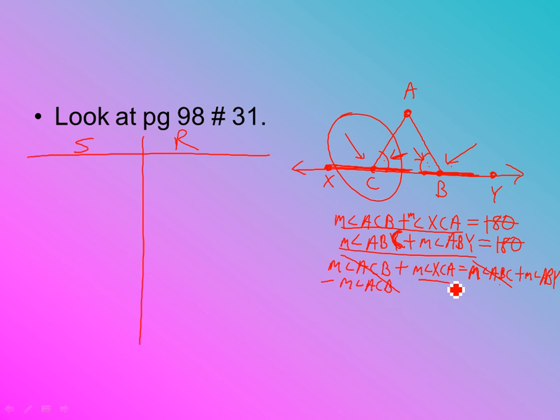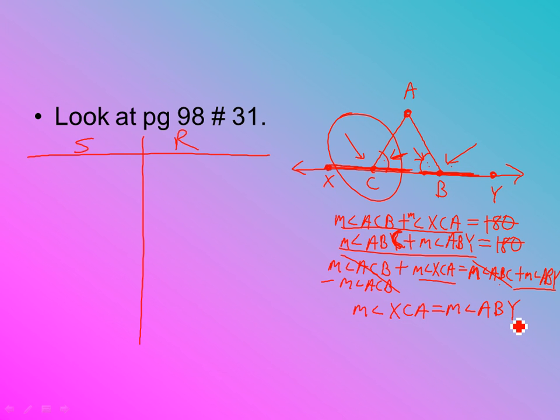Then I'm left with the fact that the measure of angle XCA has to equal the measure of angle ABY. And I think that's what they wanted us to prove.